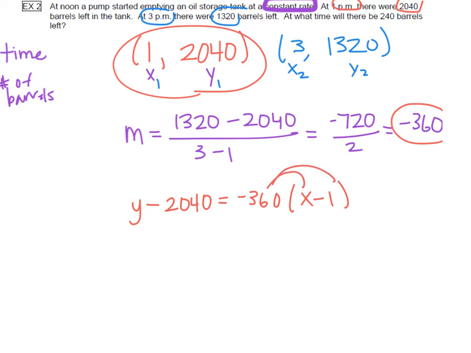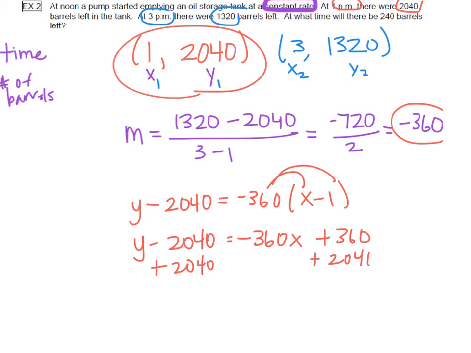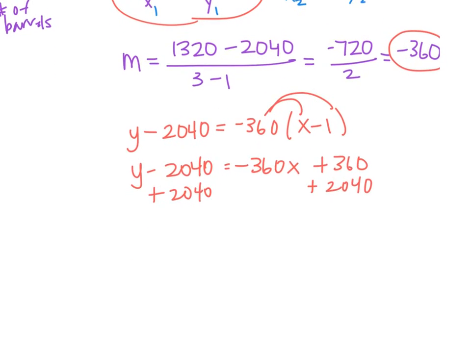So let's go ahead and solve this for y. y minus 2040 equals negative 360x plus 360. And then we'll go ahead and get the y by itself by adding 2040 to both sides. So we have y equals negative 360x plus 2400.